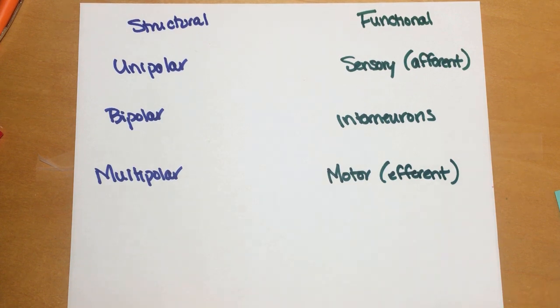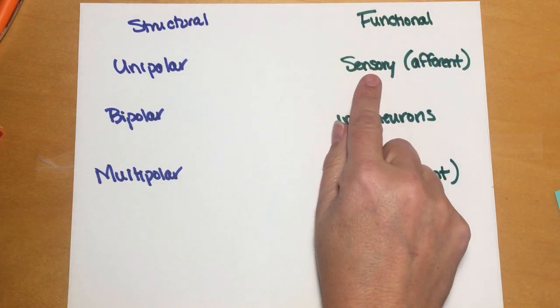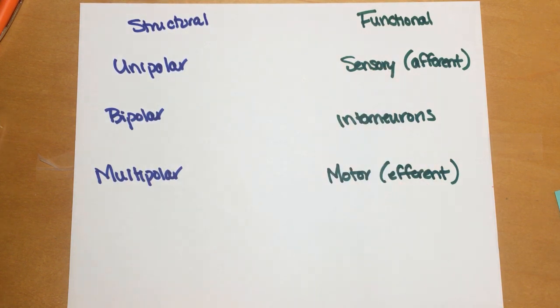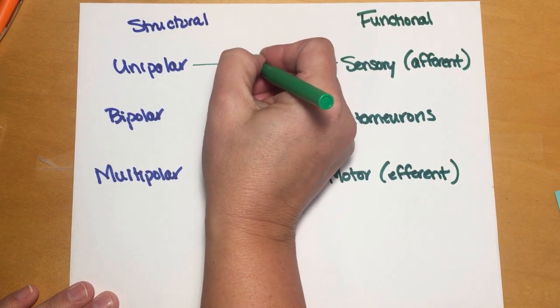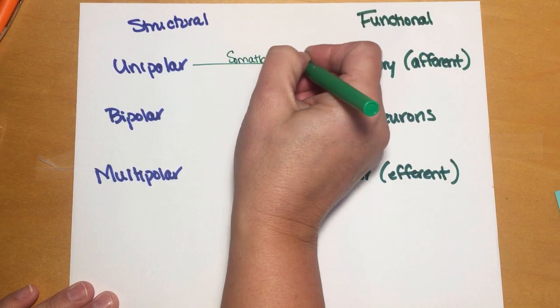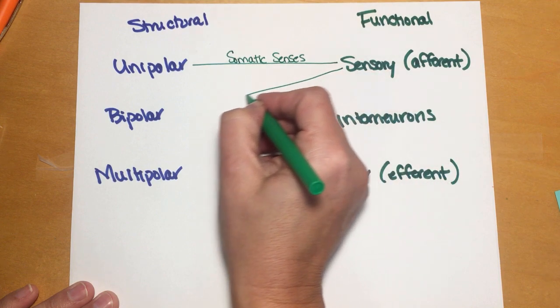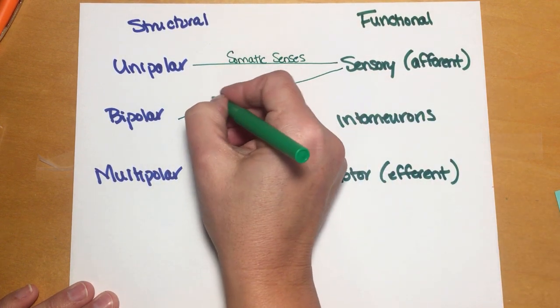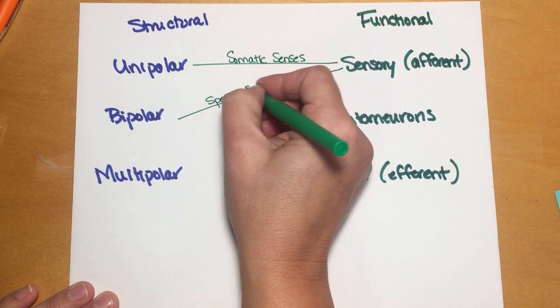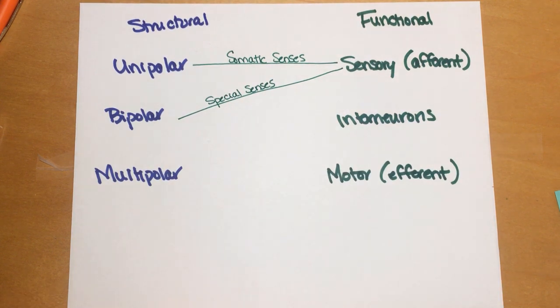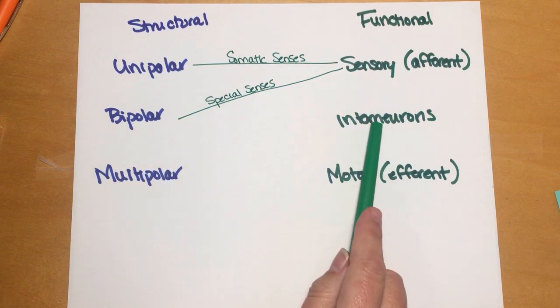So how are these all relating to each other? Well, remember, our sensory neurons are bringing in information from the PNS to the CNS. And some of them are unipolar, and these are your somatic senses. Some of the sensory neurons are structurally bipolar, and those are the ones that are special senses. So we have two different types of sensory neurons that can be coming in from the PNS to the CNS. Now, what do we know about interneurons?